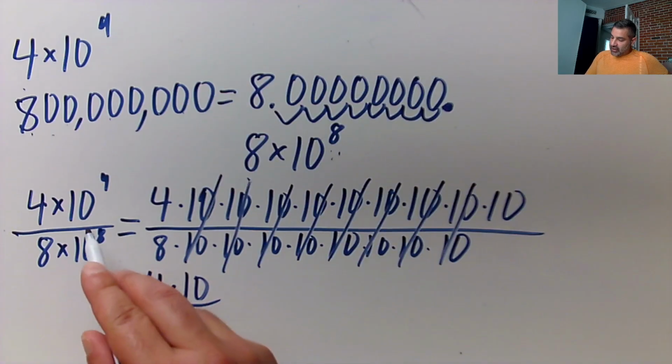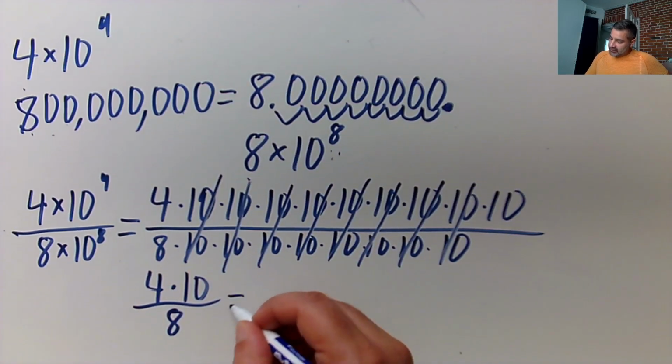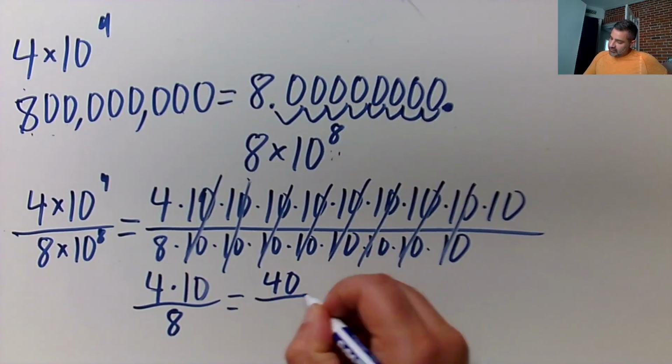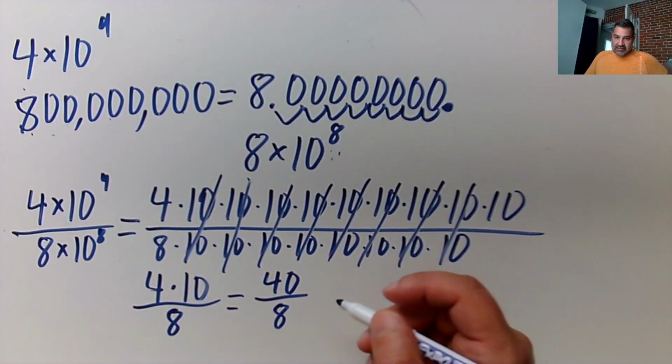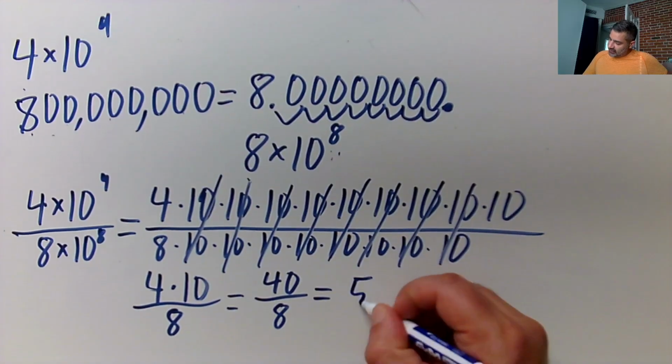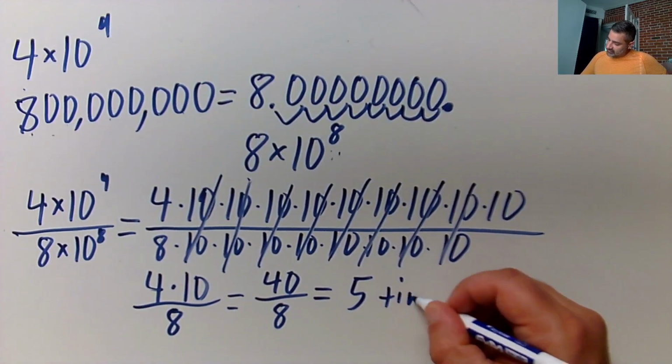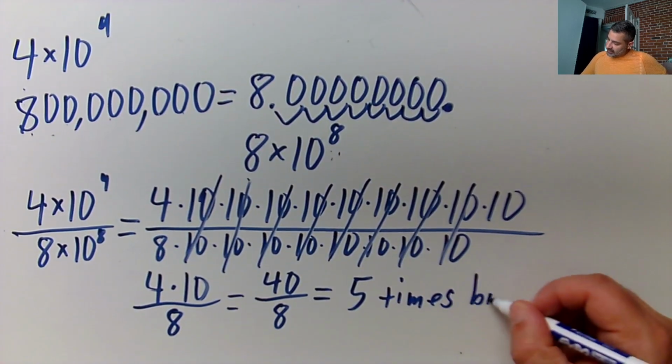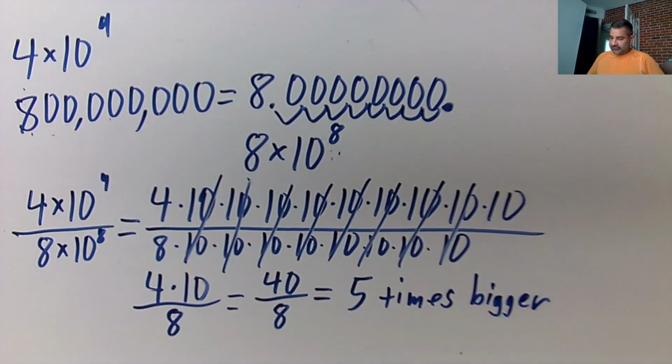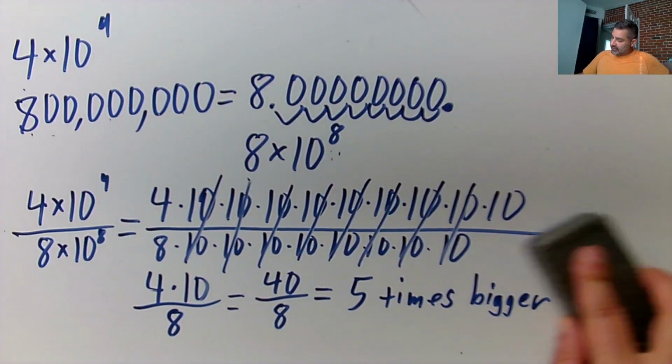And so if we want to know how many times bigger, 4 times 10 is 40. 40 divided by 8 is 5. So it's 5 times bigger. Alright, let's do some negative ones.